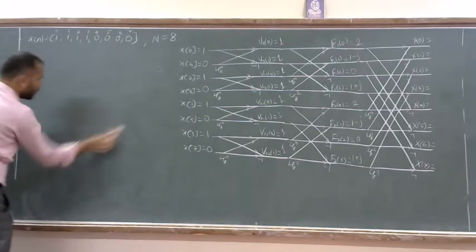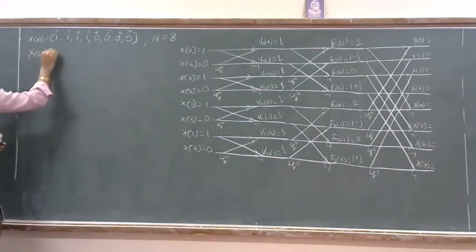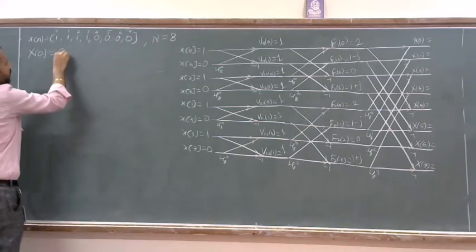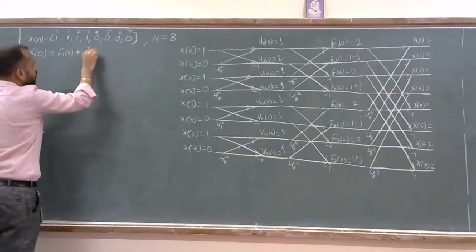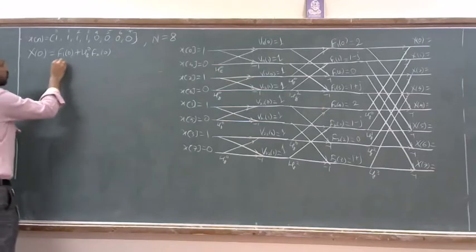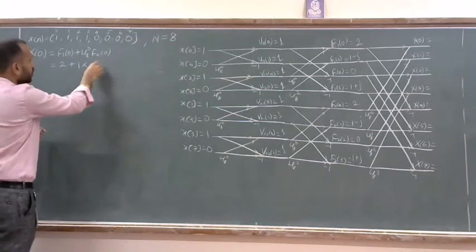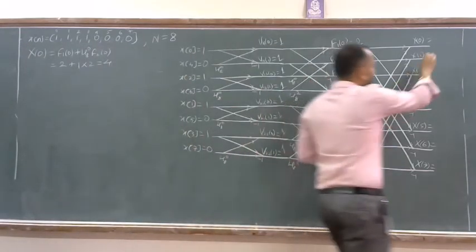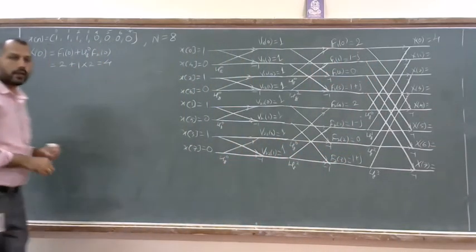Okay, now to calculate x of 0, because it is the upper point in the first butterfly structure, we'll be having f1 of 0 plus w80 multiplied by f2 of 0. f1 of 0 is 2, w80 is 1, f2 of 0 is 2. 2 plus 2, 4. First DFT value in the 8-point DFT sequence is 4.